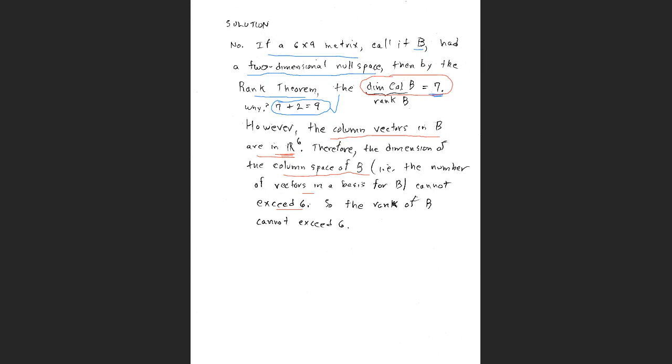But since the column vectors live in R6, the number of vectors that would form a basis for the column space can't exceed 6. I mean, if you think about, I want to say this the right way.